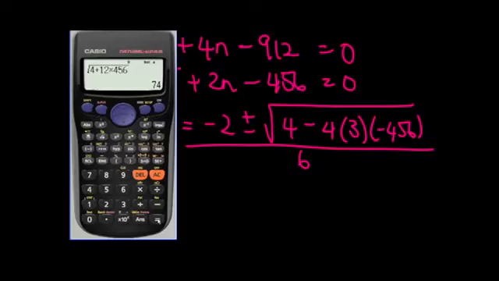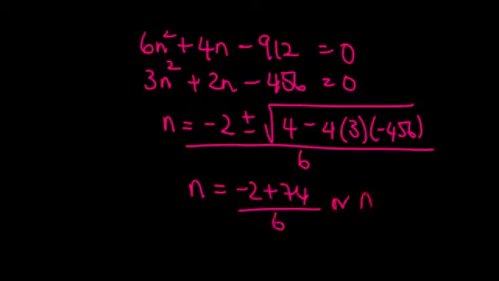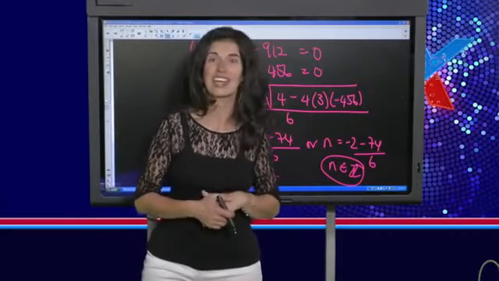So n is going to be equal to minus 2 plus 74 divided by 6, or n is equal to minus 2 minus 74 divided by 6. And that would be 72 over 6, so n is 12, or negative 76 over 6. n must be an integer, so that's a fraction, so it's not applicable. So there would be 12 terms. Lovely quadratic equation in patterns.